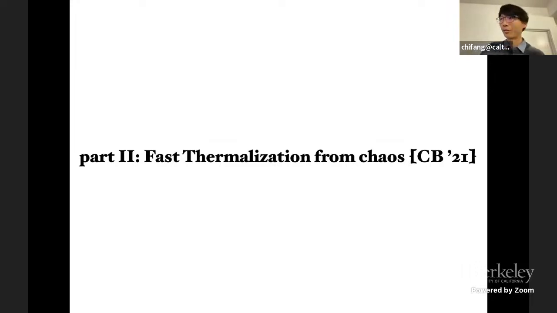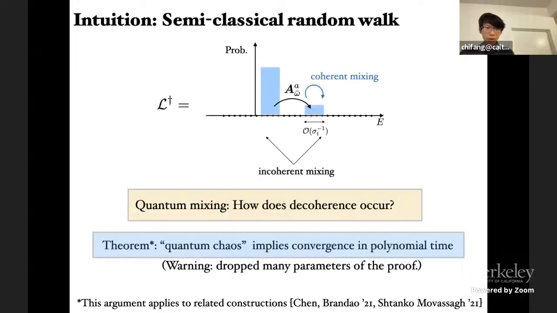In the following I will be very high level, even though there's a proof. I basically didn't write down any quantitative statements. I just want to highlight the idea. Intuitively, whenever you write down this finite-time Markov chain with energy uncertainty, you should think of it as a semi-classical random walk. So you try to import as much of the classical intuition as you have.